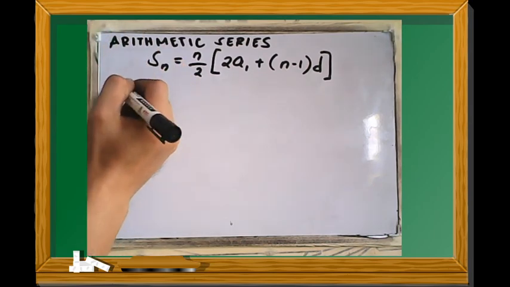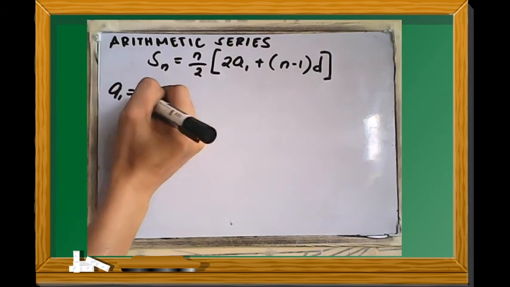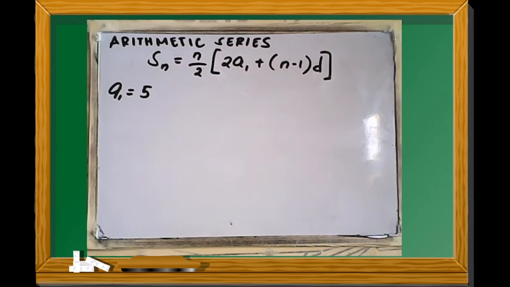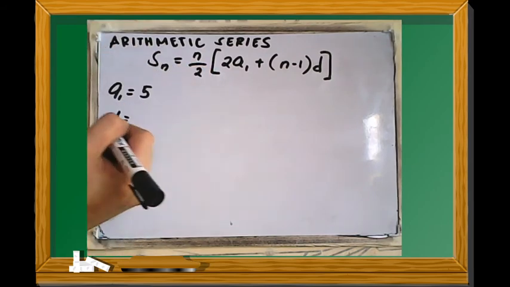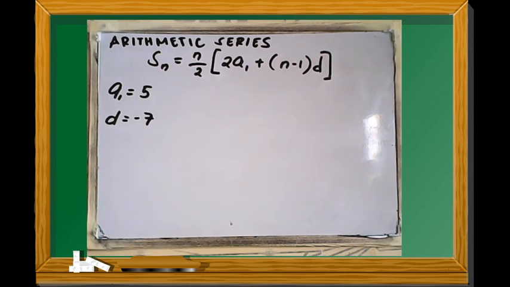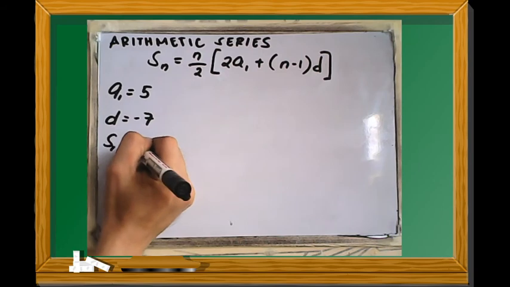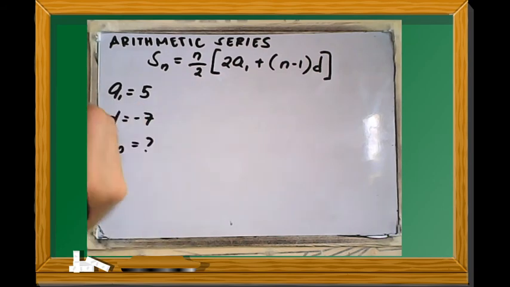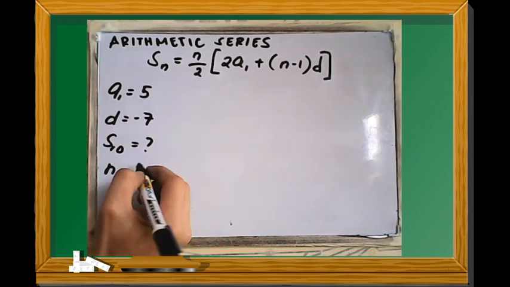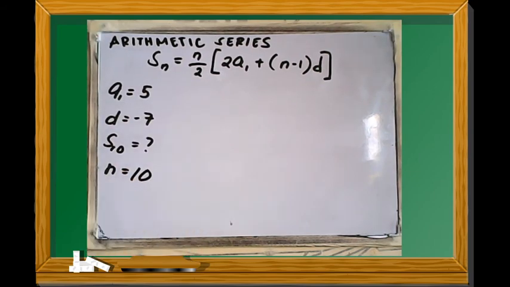So to compute, again, the given is a sub 1, which is 5, and d, or the common difference, is negative 7. Then S sub 10 is unknown. Since S sub 10, n is equal to 10.